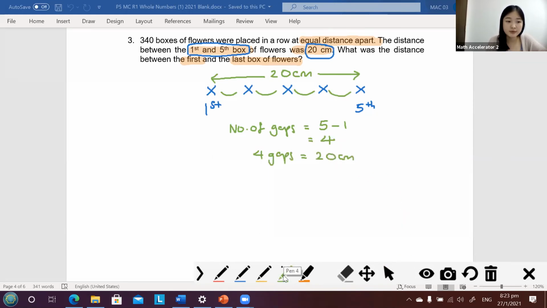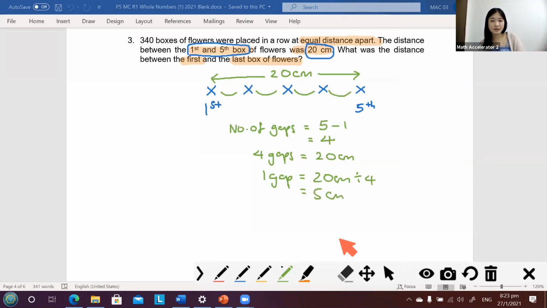Can we find 1 gap? You divide: 20 cm divided by 4, so 1 gap is 5 cm. But how are we going to use this 1 gap to help us find our answer?